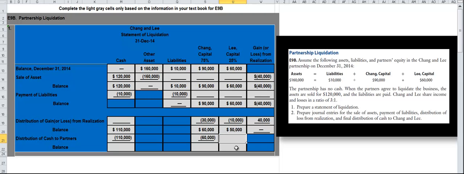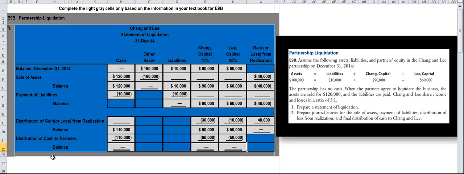And Lee is going to get $50,000, so we'll decrease his capital by $50,000. So we have now distributed, those two added together, $110,000, which leaves us with zero cash for the company. Other assets are already zero, liabilities are already zero. Now by distributing the actual cash, Chang's capital account balance is zero and Lee's capital account balance is zero. And now we have liquidated our company.